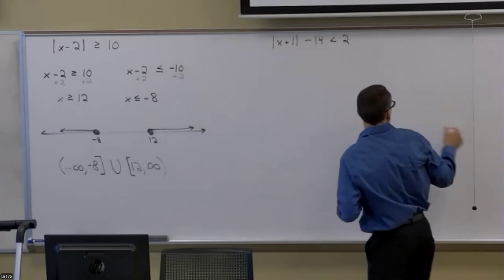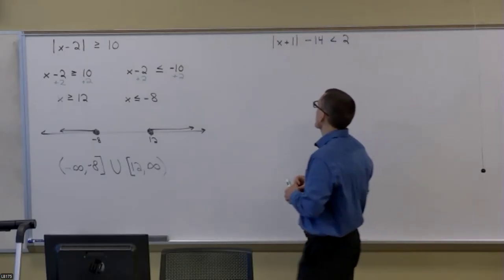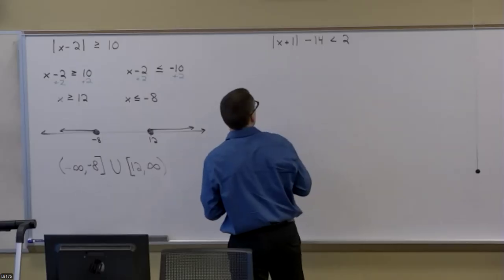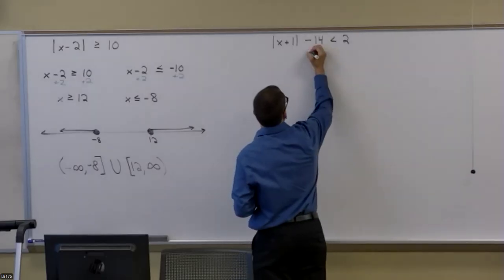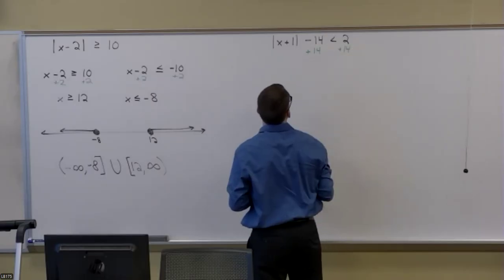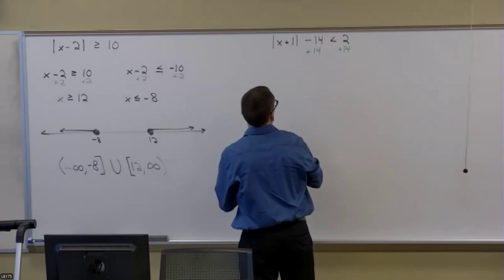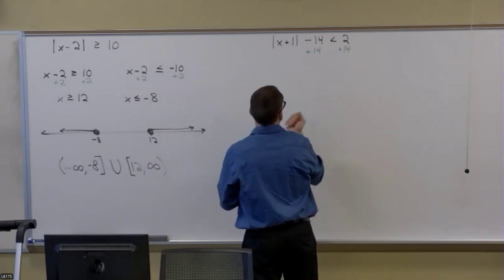All right, the second question asked us to solve this inequality, adding 14 to both sides. Gives x plus 1 inside of an absolute value is less than 16.